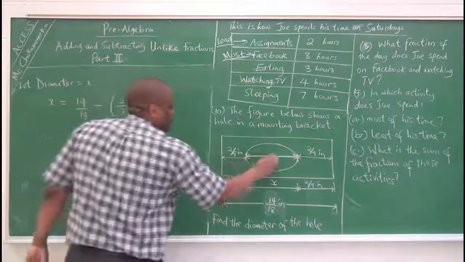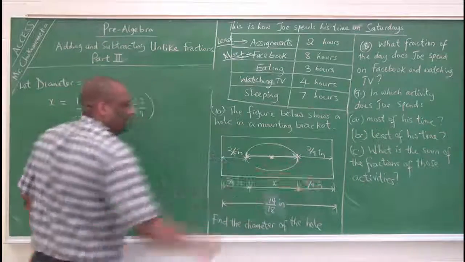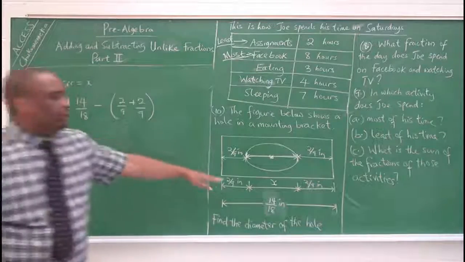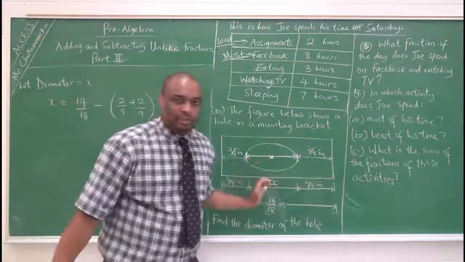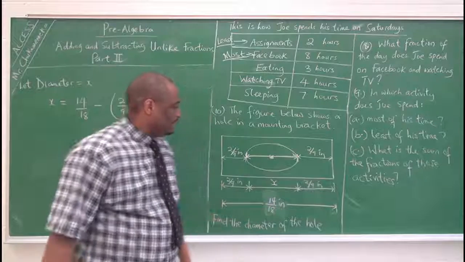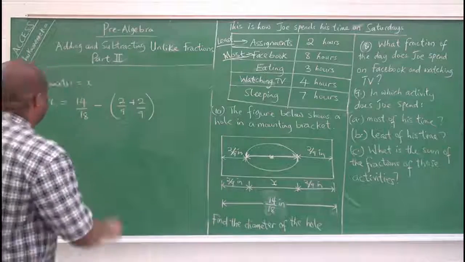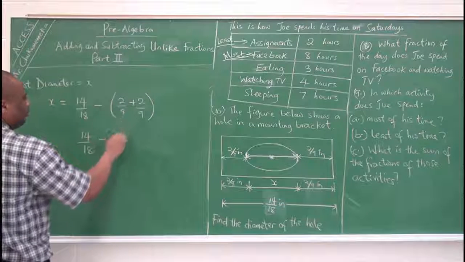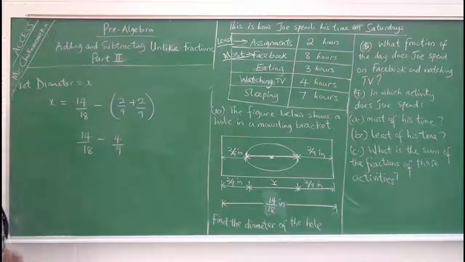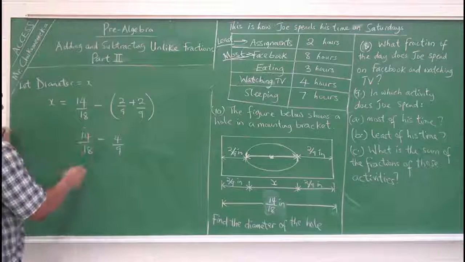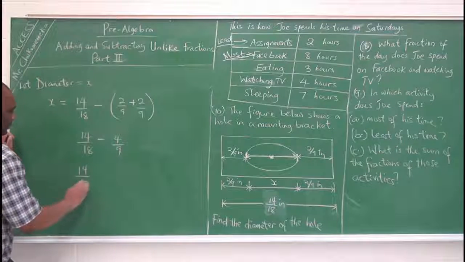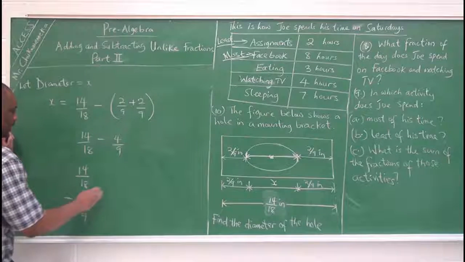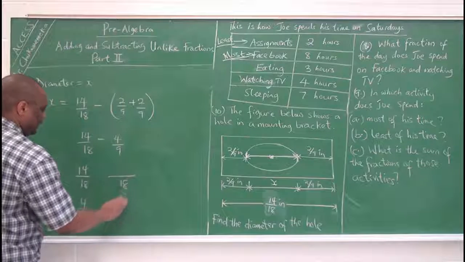The entire length, size, or width is 14 over 18 inches. So this is 14 over 18 minus 4 over 9. The LCD of 18 and 9 is 18.